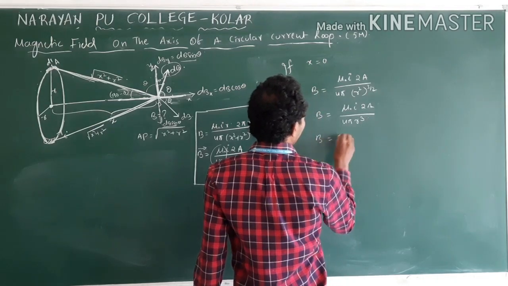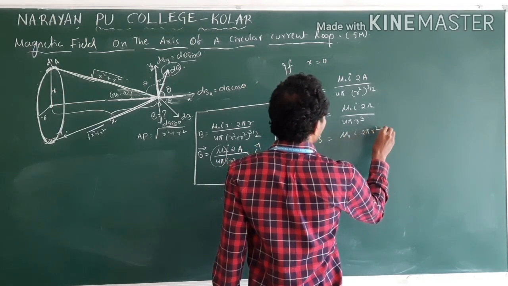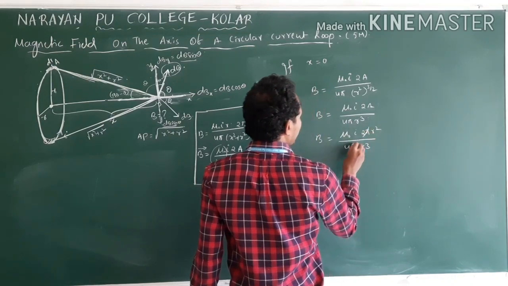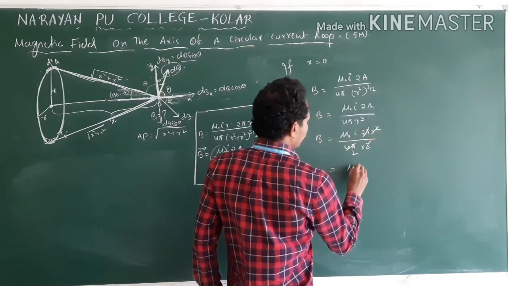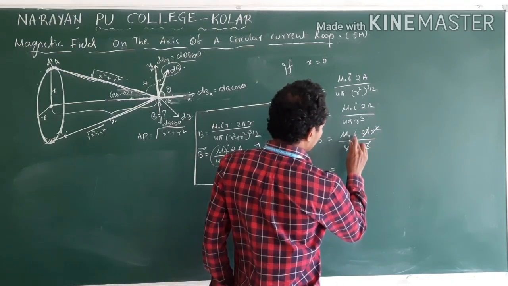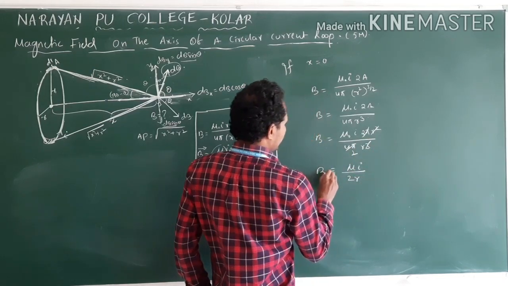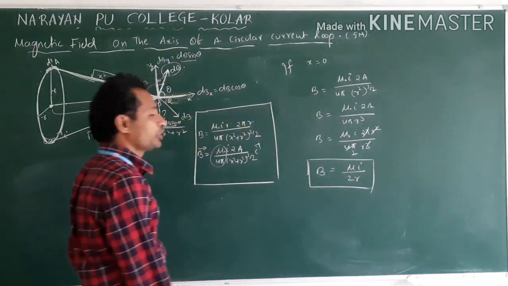If you simplify now, mu naught I 2 pi r square by 4 pi r cube. 2 pi once, 2 pi twos, 1 r will be there. So mu naught I by 2 r. This is the magnetic field at the center.